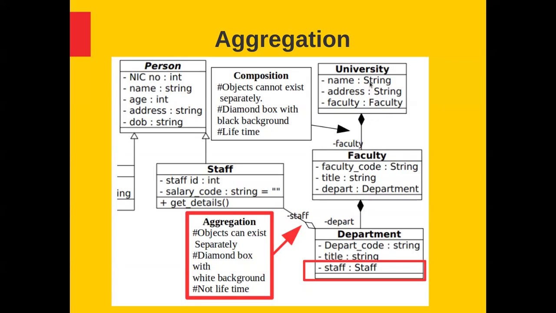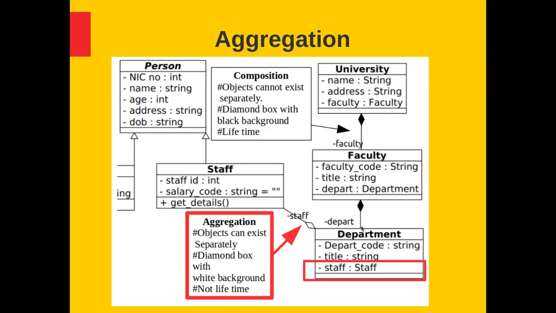If the university is removed or something happens, the faculty also vanishes. So it is a lifetime. Until the university is available, the faculty will be available, also the department.